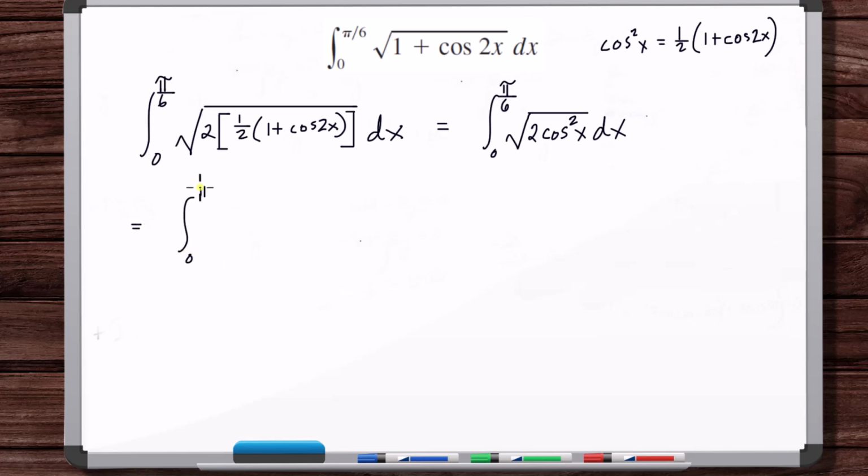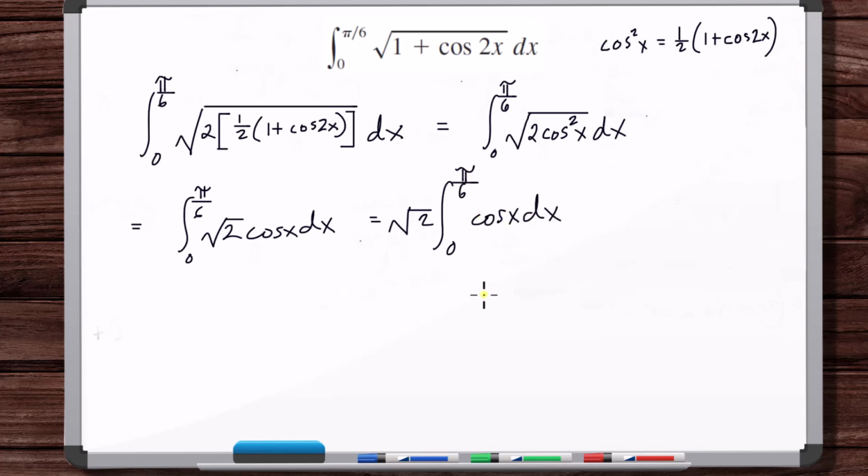Okay? So this is root 2 like that. So okay, so this is the integral of cosine x, which is sine x.